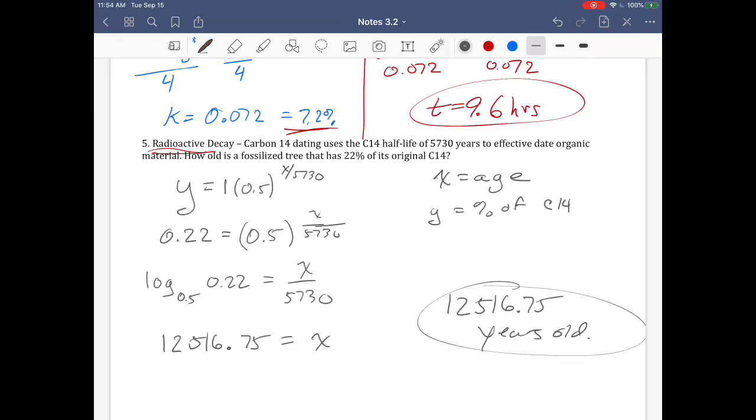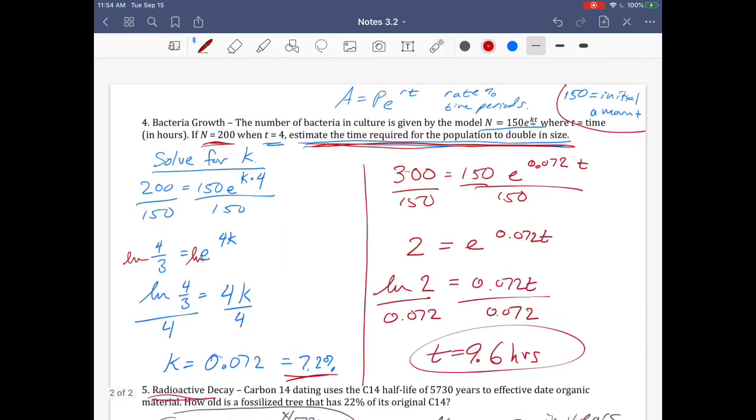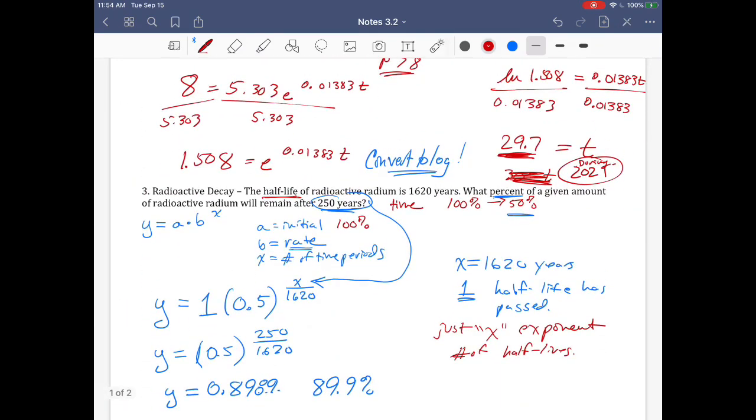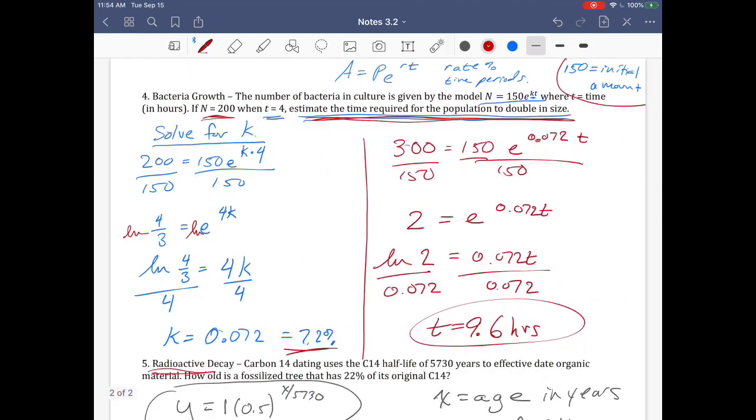And so here's what I came up with for part 5 about radioactive decay. If we set up the model in a similar fashion to how we set up number 3, x stands for the age in years, of course. So we plug in what we know. y is the percentage of carbon-14 that remains, in the same way that y was the percentage that remained of the radioactive radium.